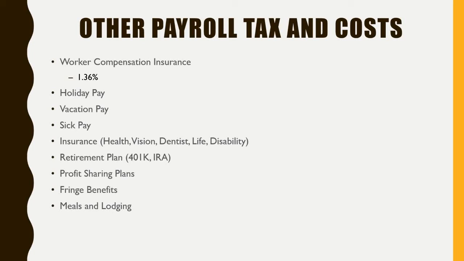And for this class, I'm going to say it's 1.36%. Of course, this rate can be whatever rate it is. It doesn't have to be 1.36%, but usually it's anywhere around that percentage.